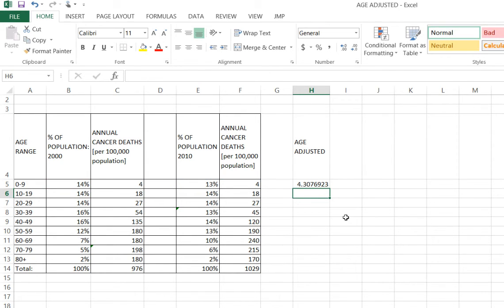That's all there is to it. Now it's going to give us an age-adjusted annual cancer death rate per 100,000, right?